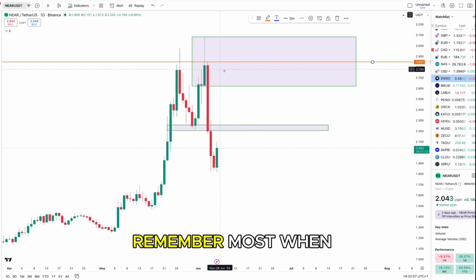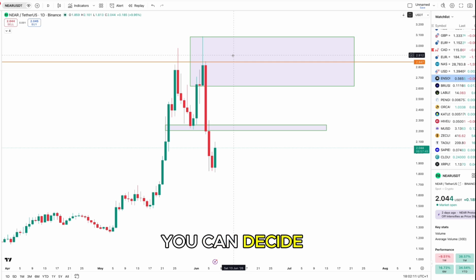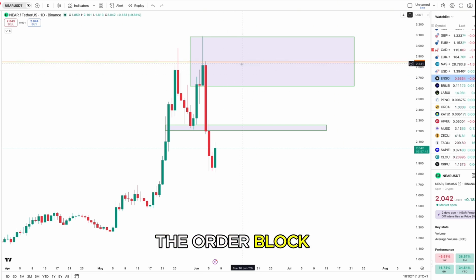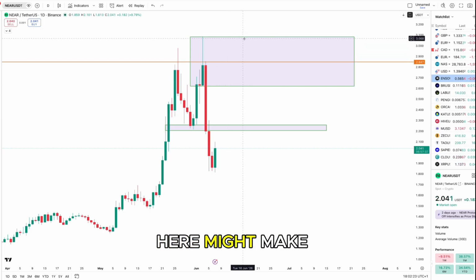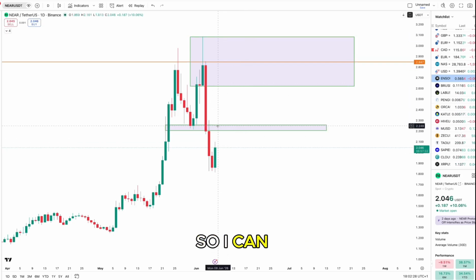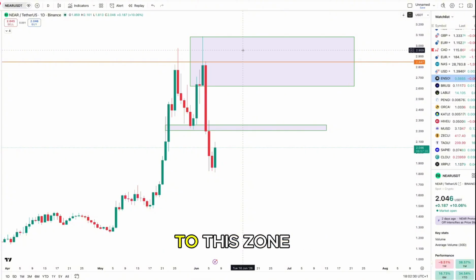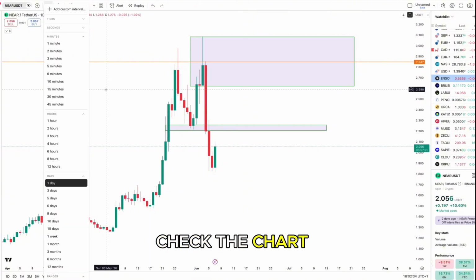Remember, when you're trading an order block, if it's too wide like this, you can decide to wait at the 50% of the order block, because trading from here might make your stop loss be at this place, which is very wide. So I can trade reverse back to this zone. How do I trade the reverse? I need to check the chart pattern that formed there.